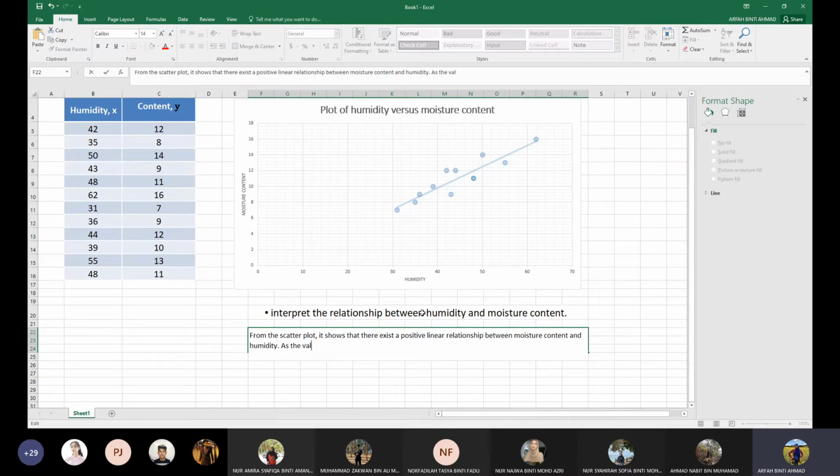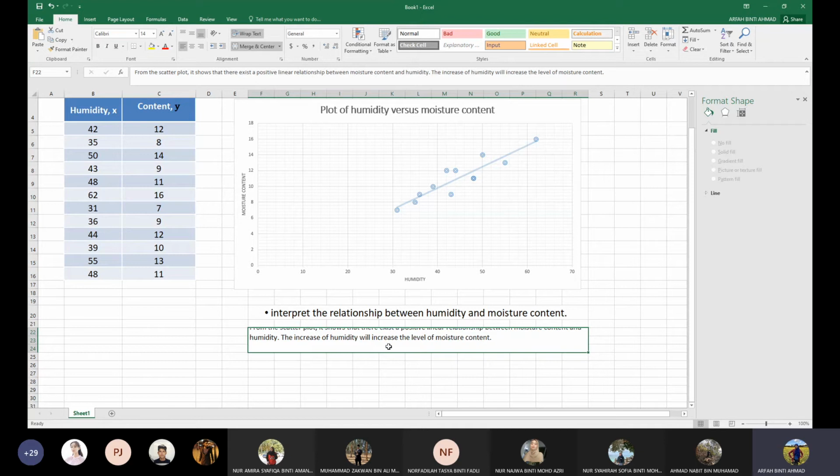As the value of humidity increases, the increase in the value of humidity will increase the level of moisture content. So this, for example, is the interpretation that can be said from the scatter plot.